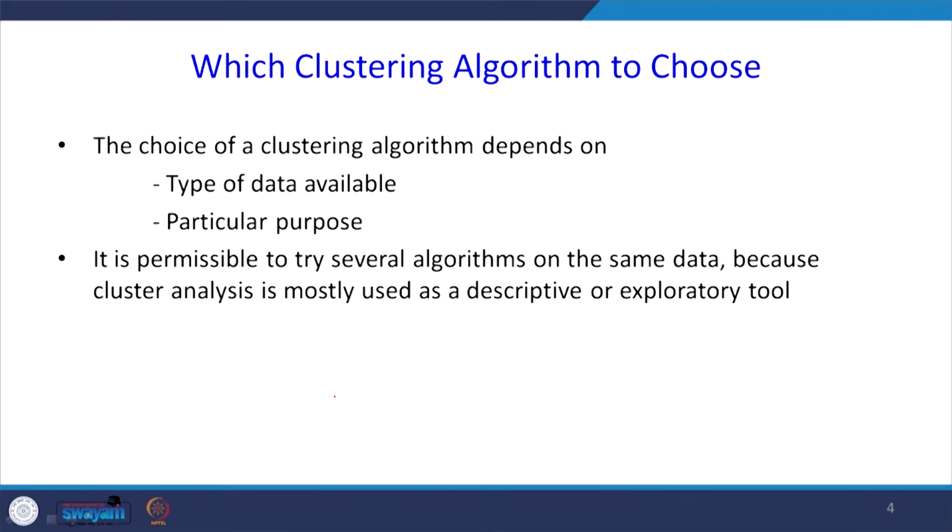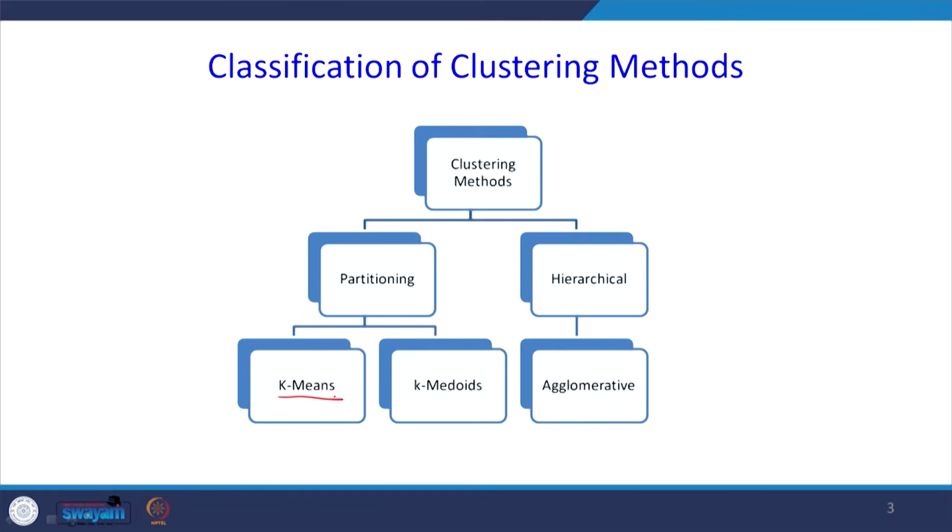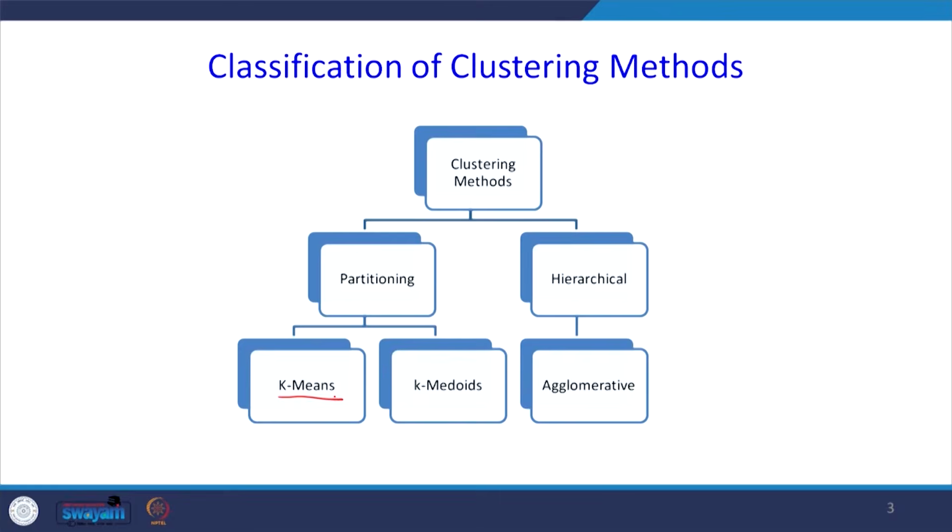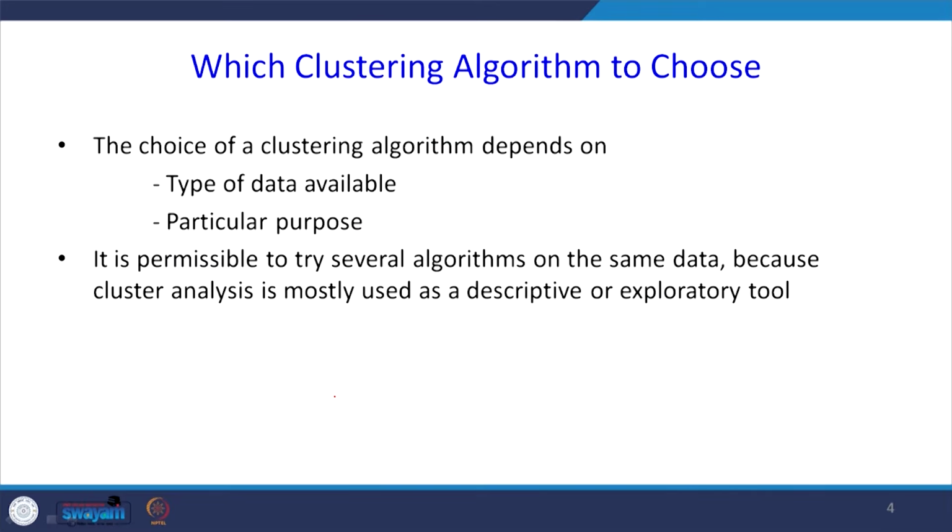So, which clustering algorithm to choose? Previously I mentioned two methods, partitioning and hierarchical. The k-means algorithm is generally used if you know in advance how many clusters are required. In that case you can go for the partitioning method. If you do not have an idea how many clusters you need, then you can go for hierarchical.